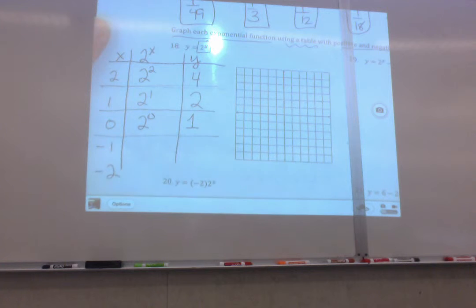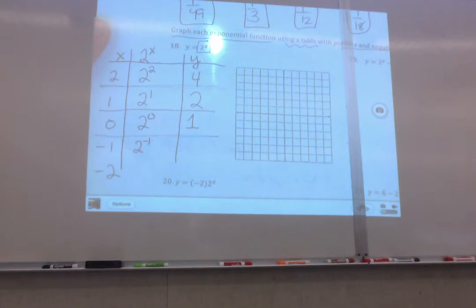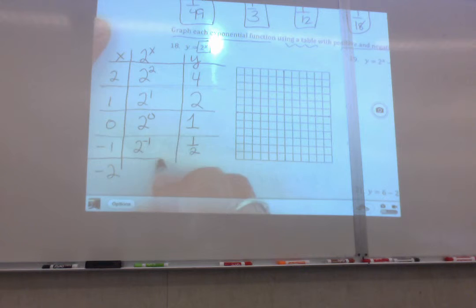Then we have 2 to the negative 1. 1 over 2. Good. And now the last one, this is 2 raised to the negative 2. That's 1 over 2 squared, or 1 over 4, yes?